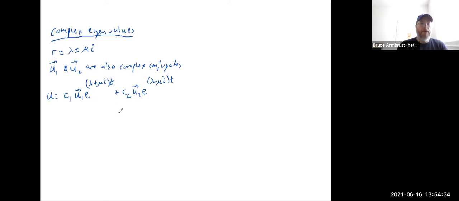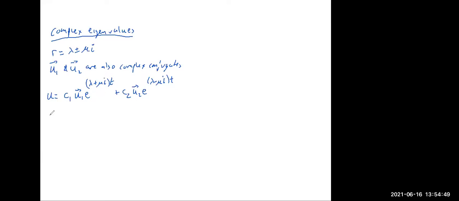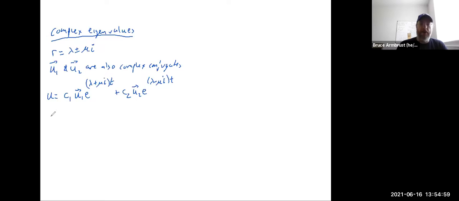All right, so where we go from here is exactly where you think we're going to go from here. What did we do last time when we ran into this e to complex number stuff? That's the sine and cosine, right? Yep, exactly. We're going to use Euler's formula to turn these into sine and cosine.